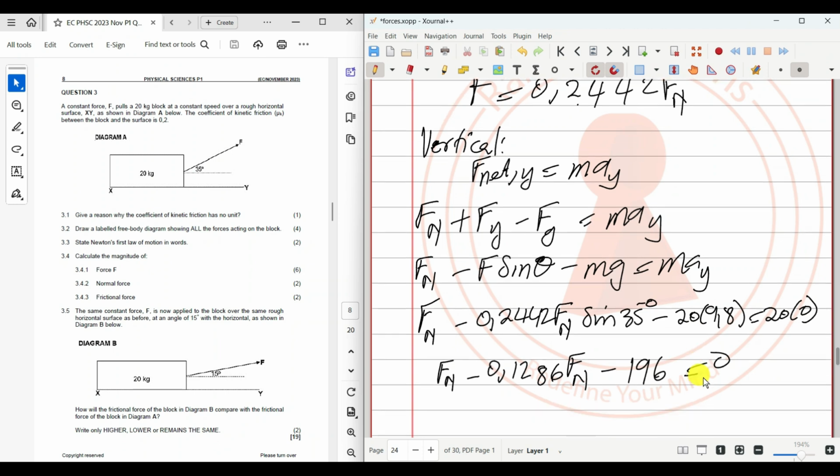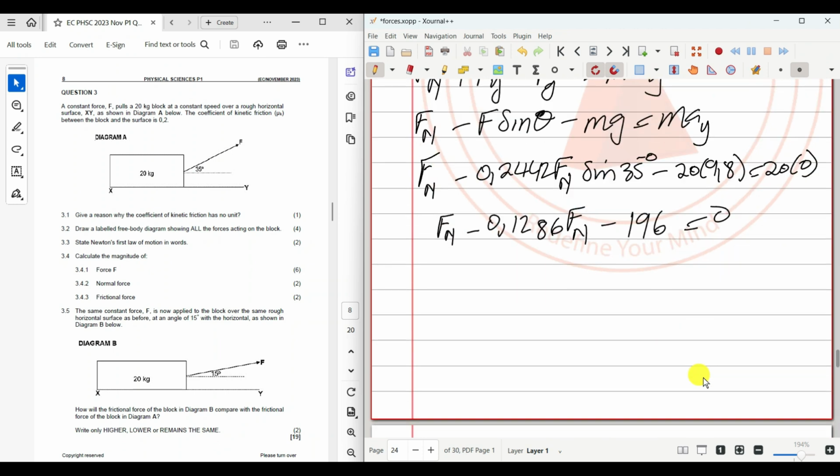Okay, so 1 minus 0.1401 will be 0.8599 F sub n equals 196. So 196 divided by 0.8599 will be, just hold on for now.